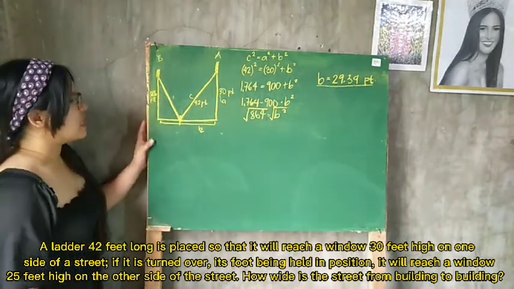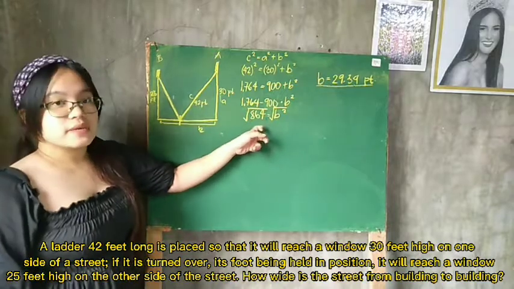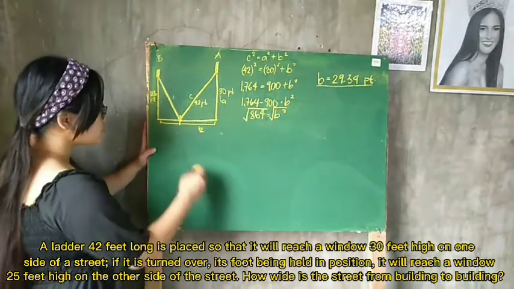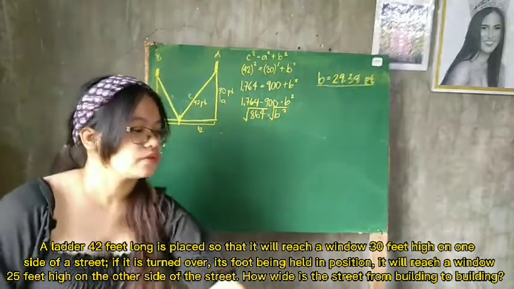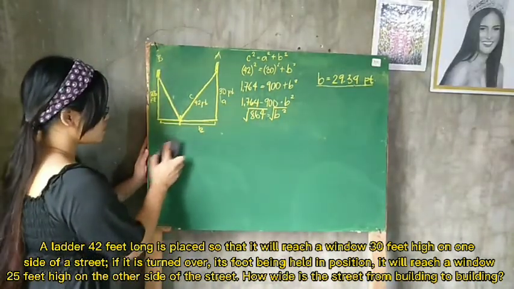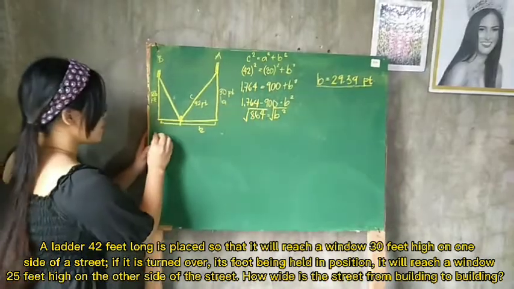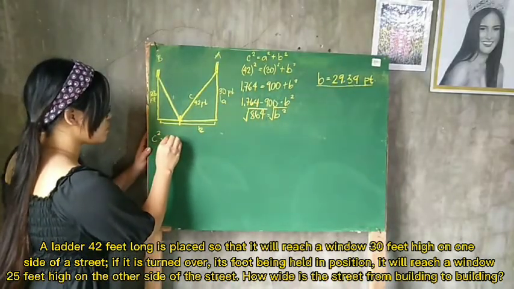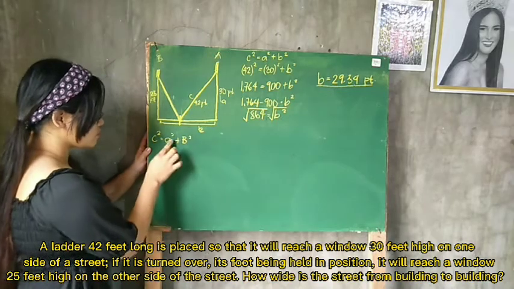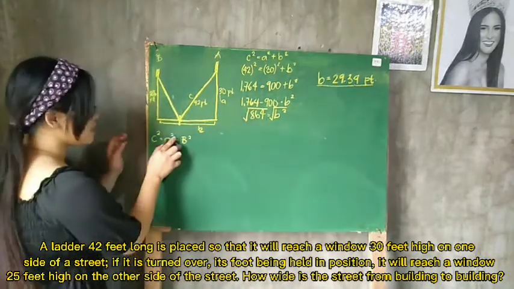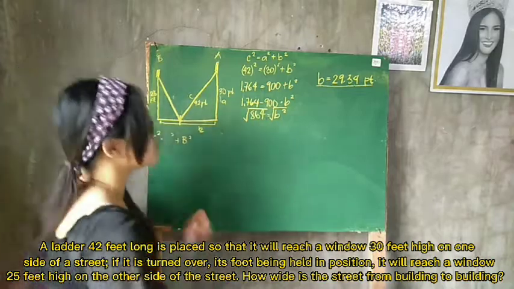And the next side, we have to find the distance between the foot of the ladder and building B. So we are going to use the same formula: c squared is equal to a squared plus b squared. Let's use big letters since we already used the small letters.